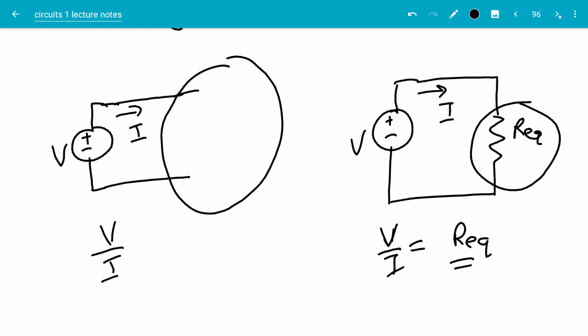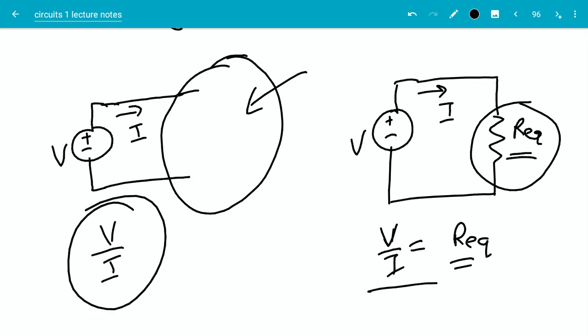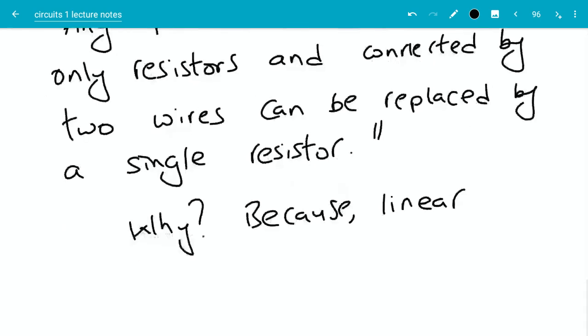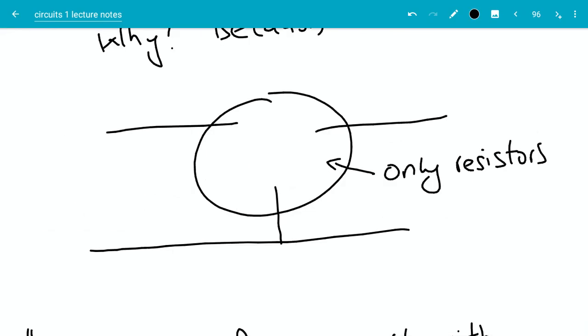That means if we pick a part of the circuit where two wires are coming out, and inside that part of the circuit there's only resistors, then we can replace the entire circuit in the circle with a single resistor Req measured like this. So effectively we are saying that any part of a circuit with only resistors and connected by two wires can be replaced by a single resistor. Why? Because linear.